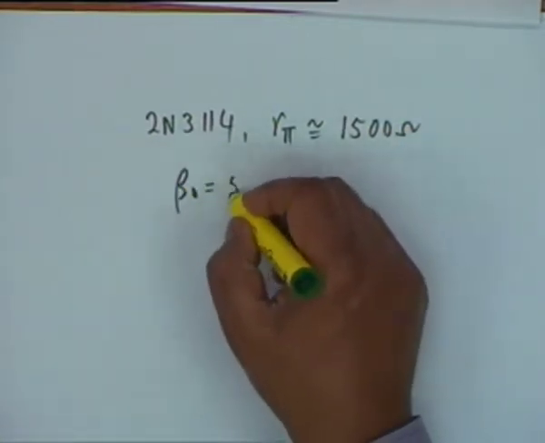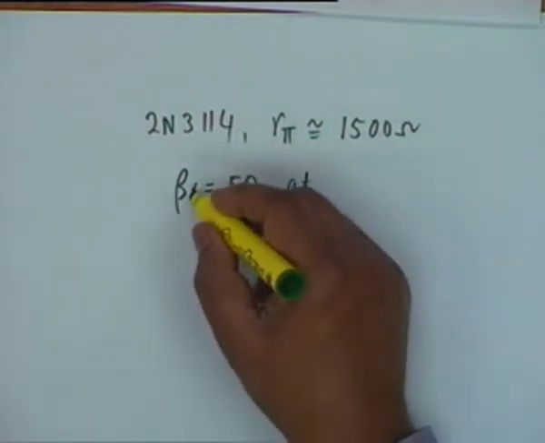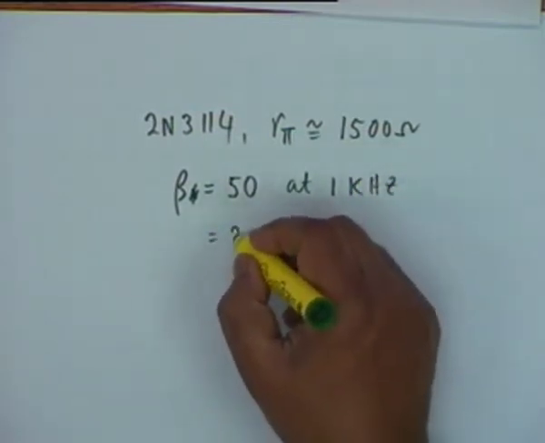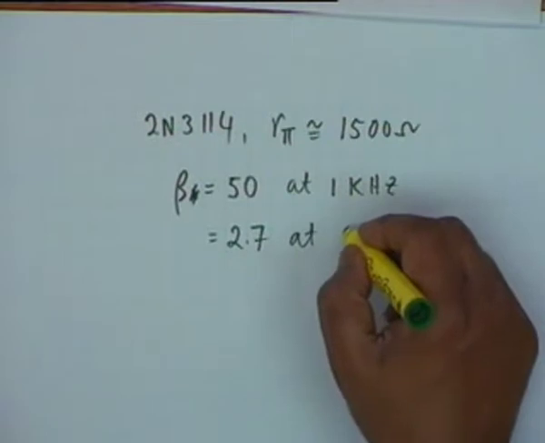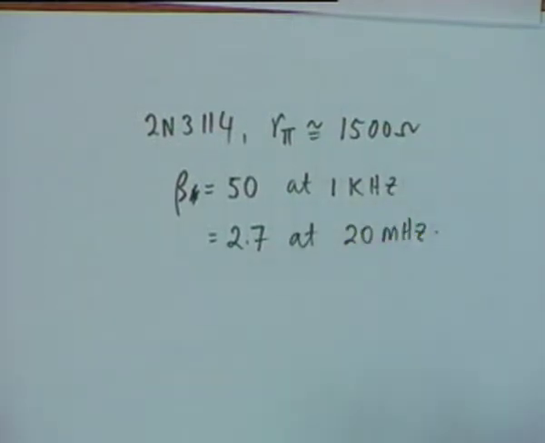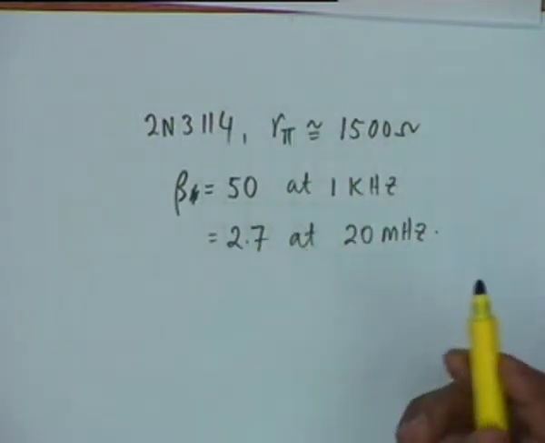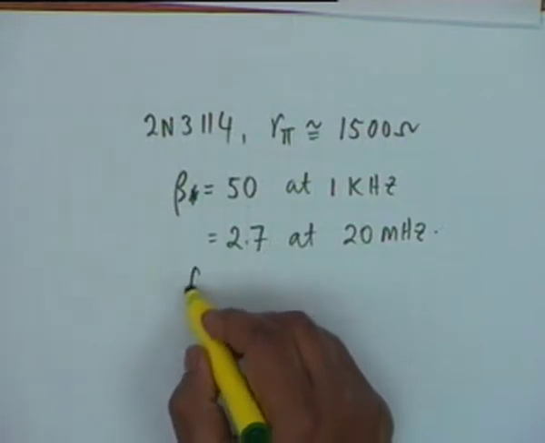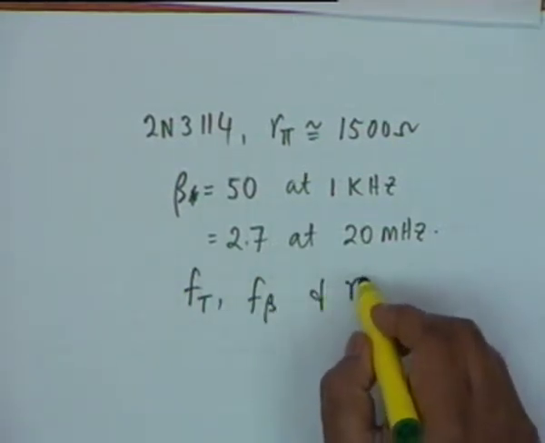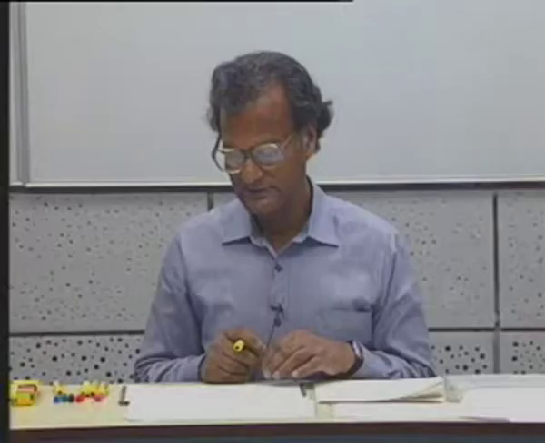Beta 0 is 50. Beta is 50 at 1 kilohertz and is 2.7 at 20 megahertz. This is all that is specified. R pi is given, the values of beta at 2 frequencies are given, and you are required to find out f t, f beta, and C pi.